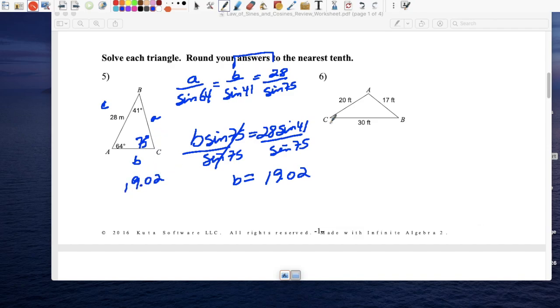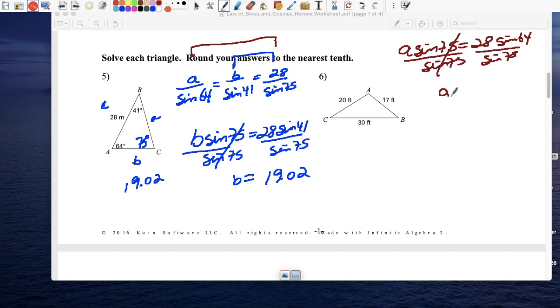So now we're going to have to repeat the process, and I'm going to put an arrow here. I'm going to use this ratio and the first ratio. So A, we're going to multiply A sine of 75 equals 28 sine of 64. I'm going to divide both sides by sine of 75.